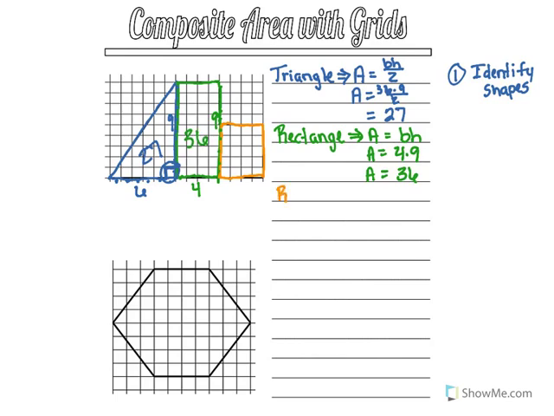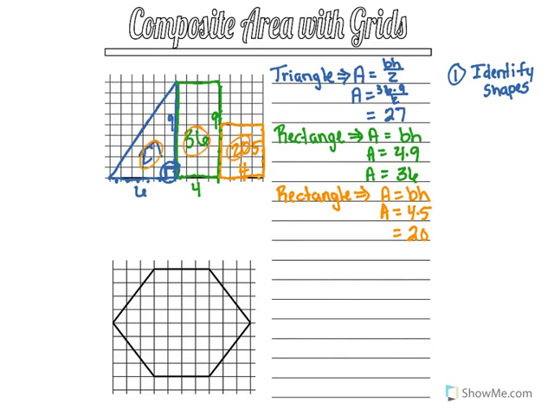Then I have another rectangle, and my formula again is area equals base times height. So 1, 2, 3, 4 and 1, 2, 3, 4, 5. So my area equals 4 times 5, which equals 20.